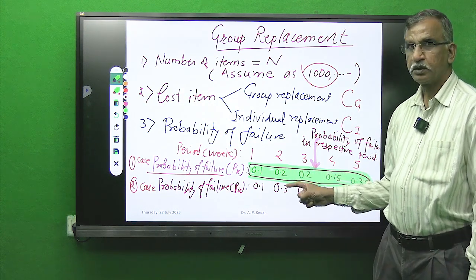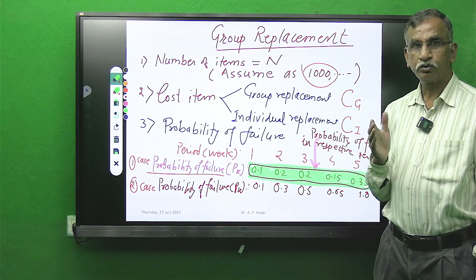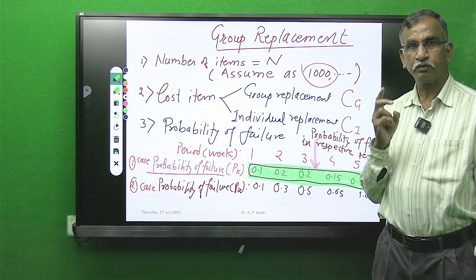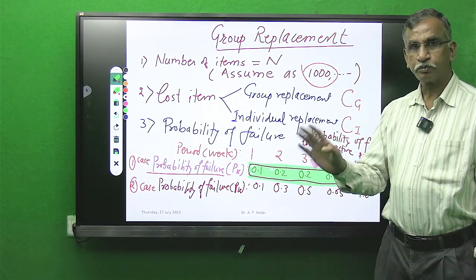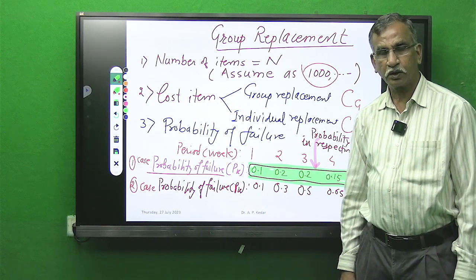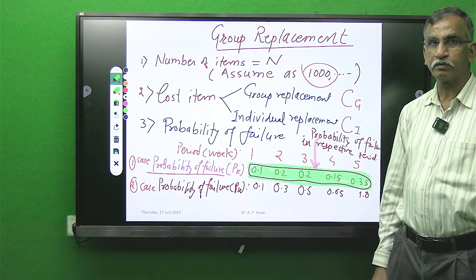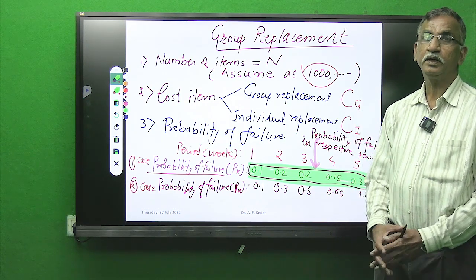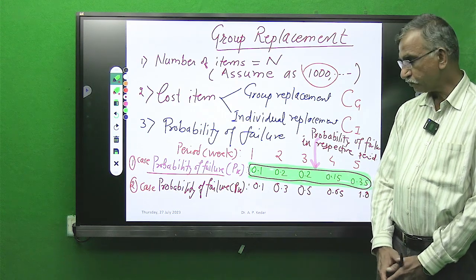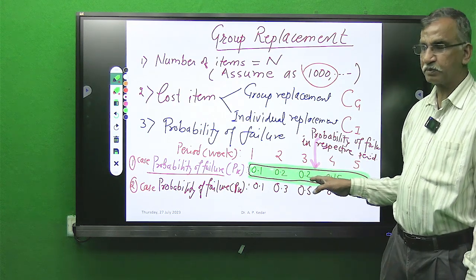Students, see that the individual probabilities given, if you sum them, have to total 1, or if given in percentage, it should be 100%. Here I have given it in decimal form.